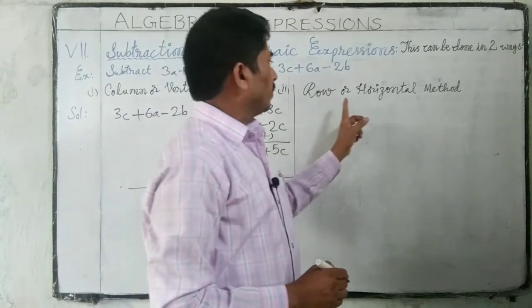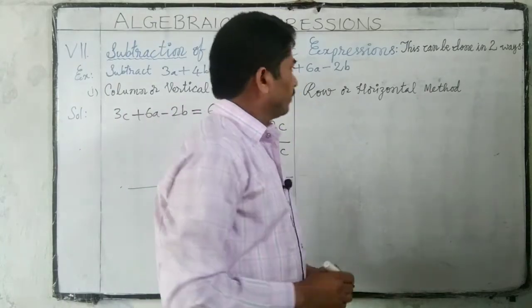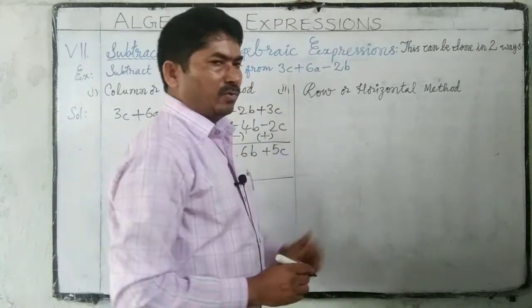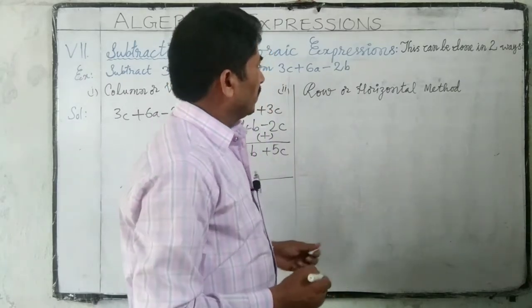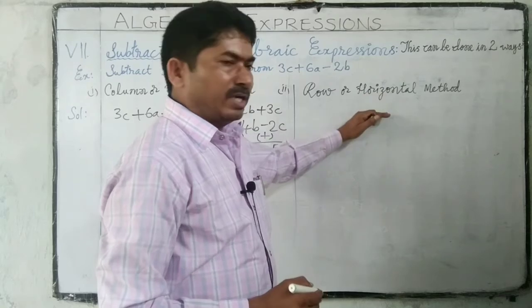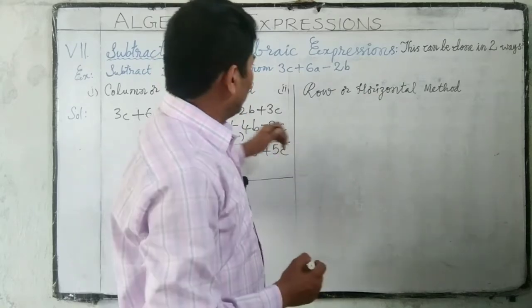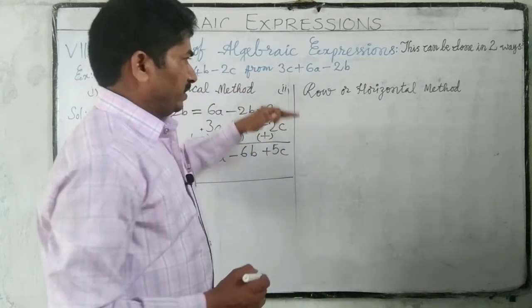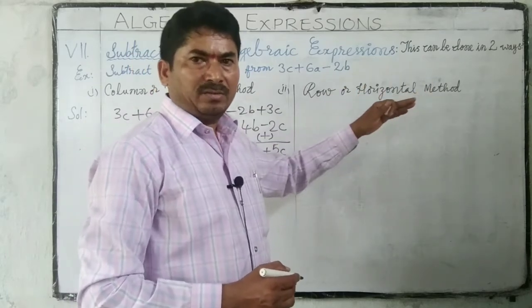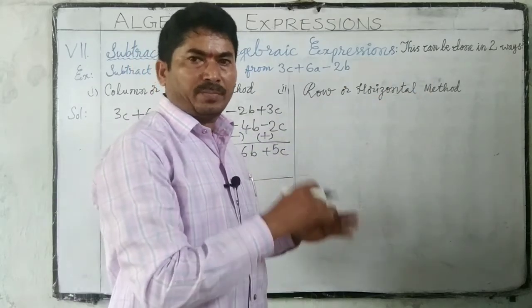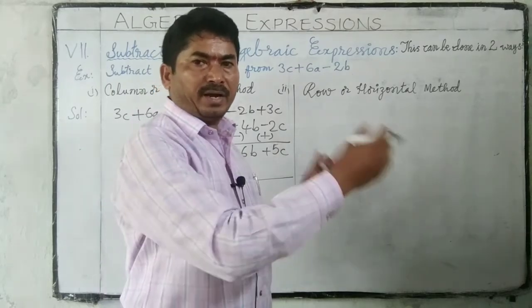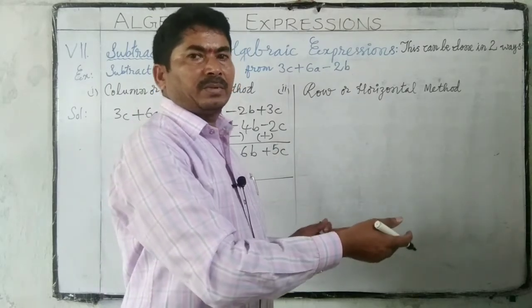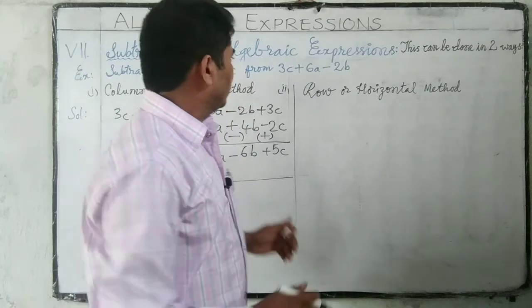Next, row or horizontal method. How to solve in row or horizontal method? In row or horizontal method, first we have to write the given expressions in a row such that the expression which is to be subtracted, we have to write in brackets, assigning the negative sign.